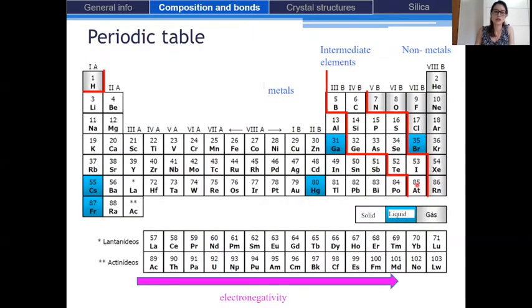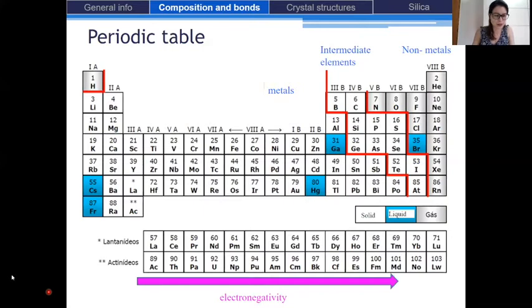So here is to remember the different classes of elements in the periodic table: the metals, intermediate elements, and non-metal elements. And let's remember that in the second class, we described the evolution of electronegativity in the periodic table. The electronegativity increases in that direction.